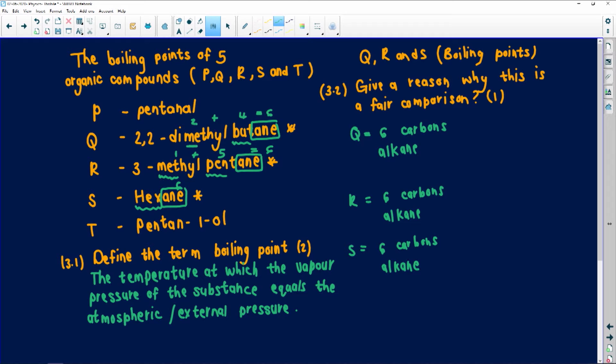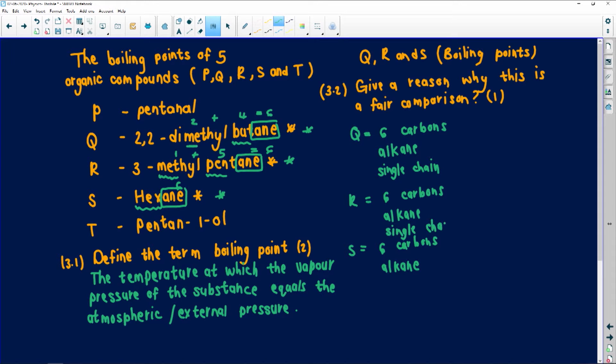There are no double bonds in the first one. There are no double or triple bonds, so they are all saturated. This means single chains, which is identified by being an alkane, but let's just write it. Single chain, this one's also a single chain.